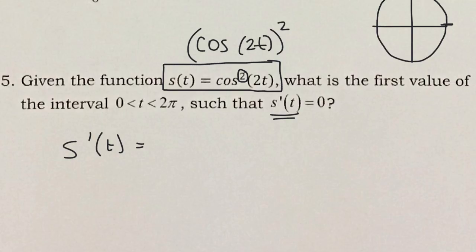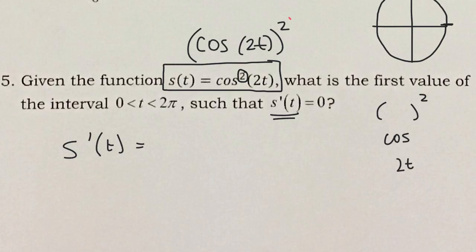Right, you notice that there are 3 functions. The first thing is a squared function. The second thing is a cosine function, and the third thing is a 2t function. So there are 3 things that I have to take the derivatives of, one at a time, starting with the outside-most thing first.